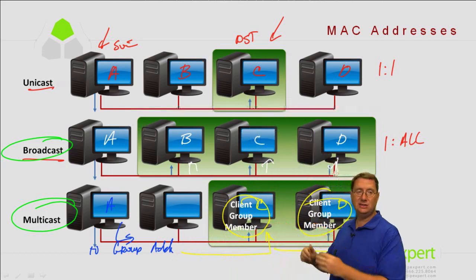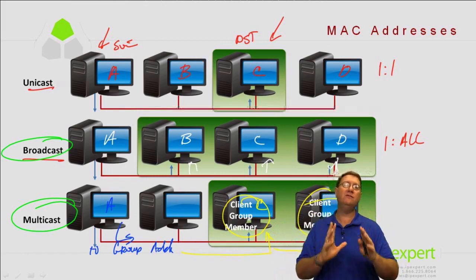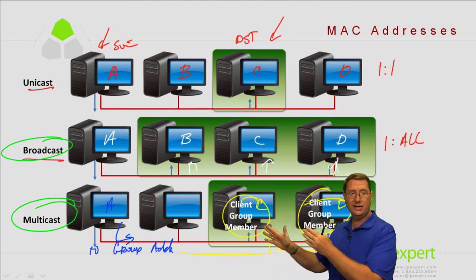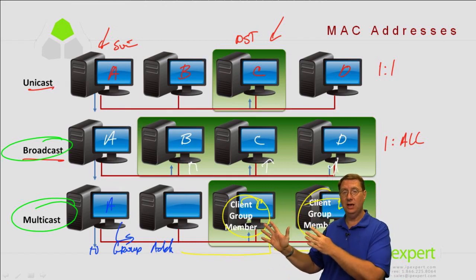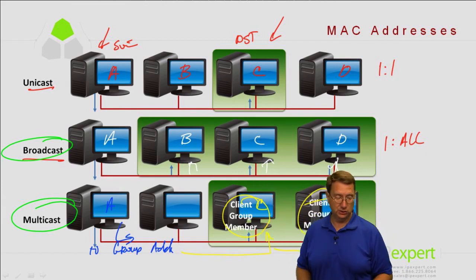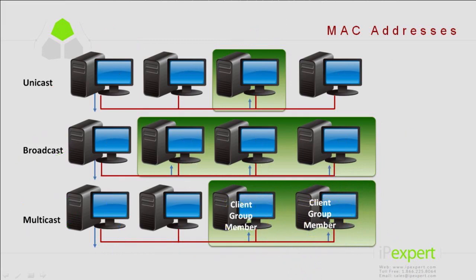In our multicast scenarios, only the devices that are actively listening to the group are going to receive the frame. Therefore, multicast is far more efficient and less bandwidth intensive than our broadcast scenarios. That boils down to understanding the nature of our header and the format the communication is going to take as it goes through.